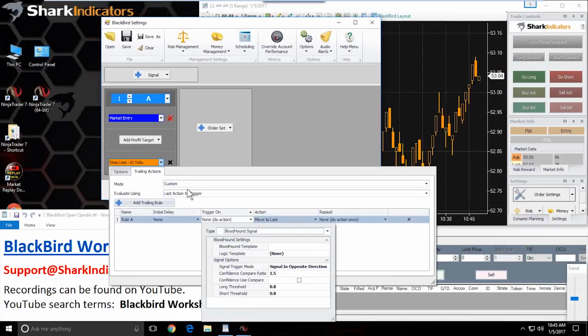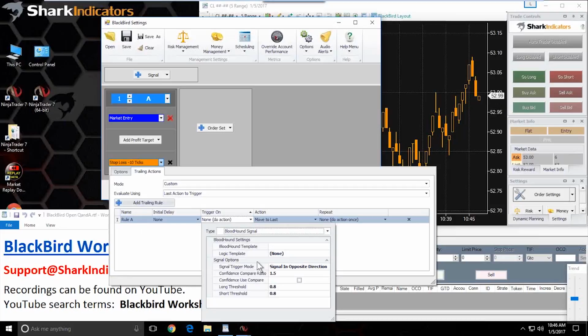A Bloodhound signal doesn't have to be a trade signal. A Bloodhound signal could be used as just simply, this condition has happened. So you could set up Bloodhound to just identify conditions, and then those conditions can be used inside of BlackBird to trigger trailing rules.